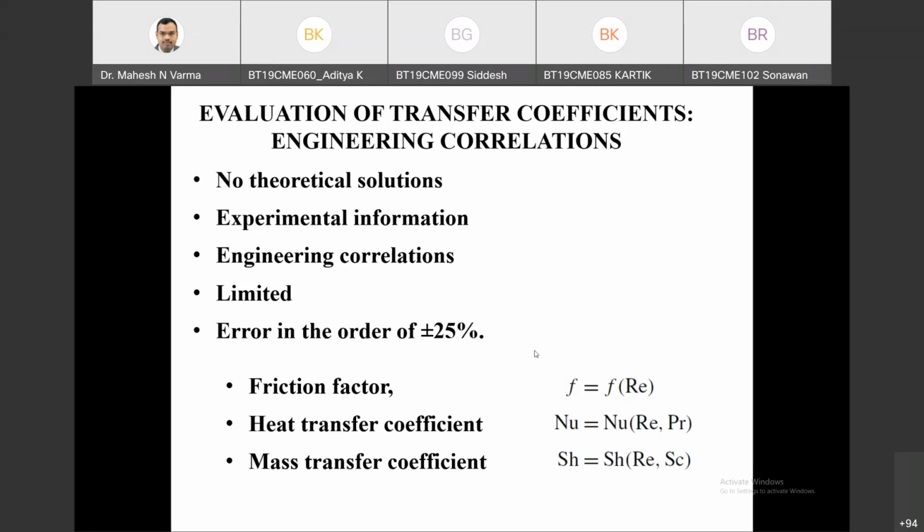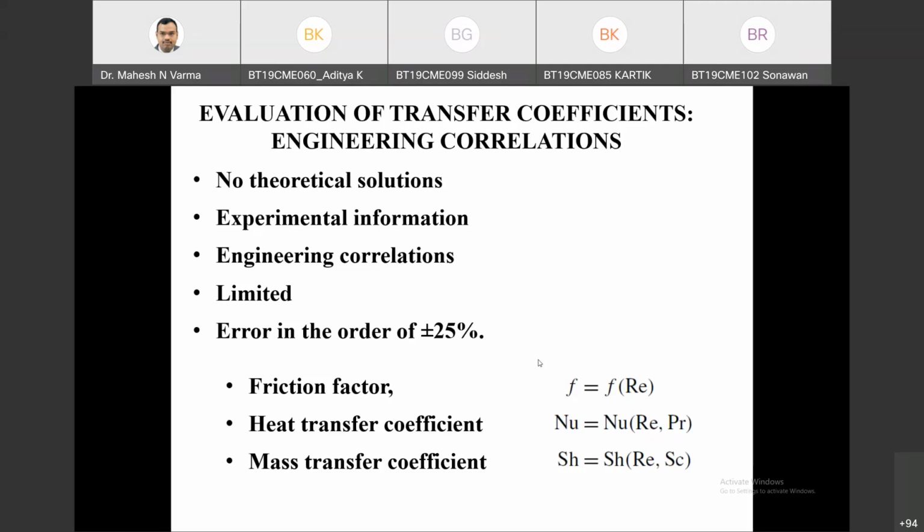Because they are logically correlating two areas actually. Reynolds analogy and Chilton-Colburn analogy, they are logically correlating two areas. Hence, they are called the analogy.